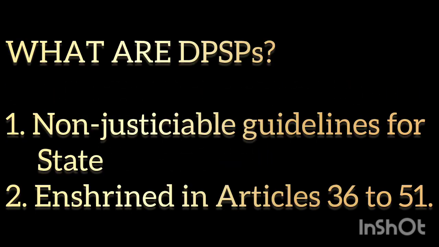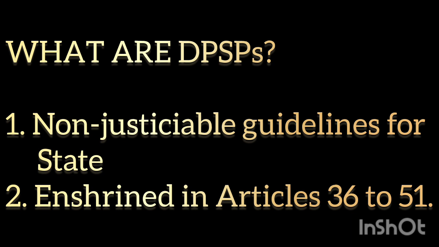So, what exactly are DPSPs? They are listed in Part 4 of the Constitution from Article 36 to Article 51. DPSPs are the ideals the state must strive for. They aim to establish a welfare state rather than just a minimal governing body. The catch?